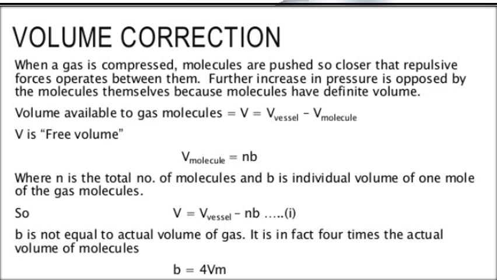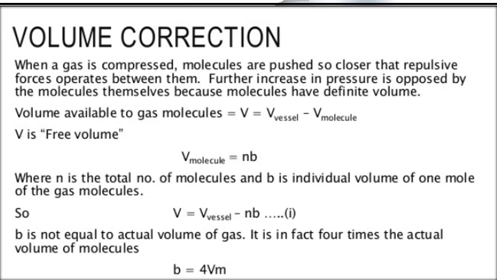Listen again carefully: b is the individual volume of each gas particle in 1 mole, right? And n tells you the total number of moles of the gas particles present within that container, or vessel, right?